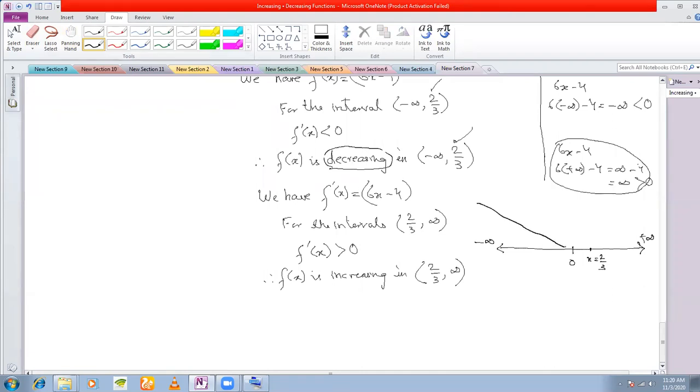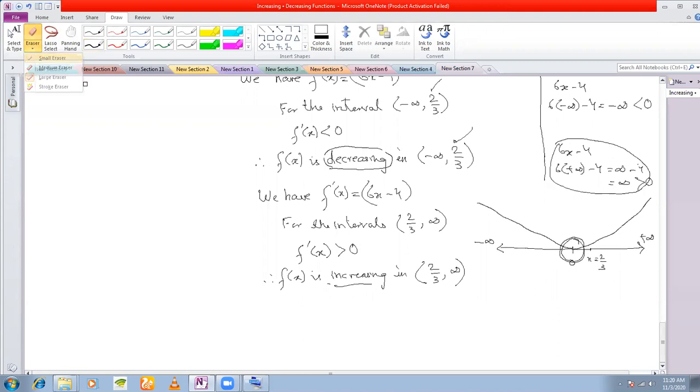Then it reaches this point, and then in 2/3 to infinity, it is increasing. Then what can we say about this point?